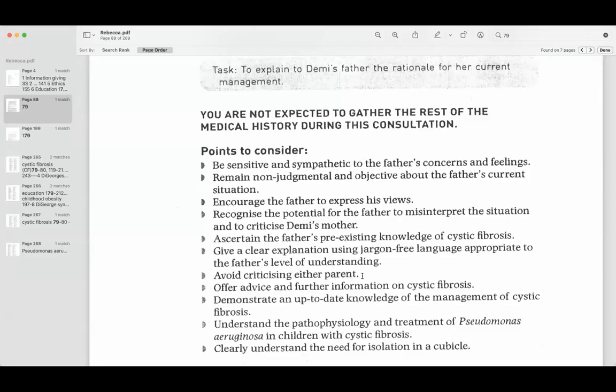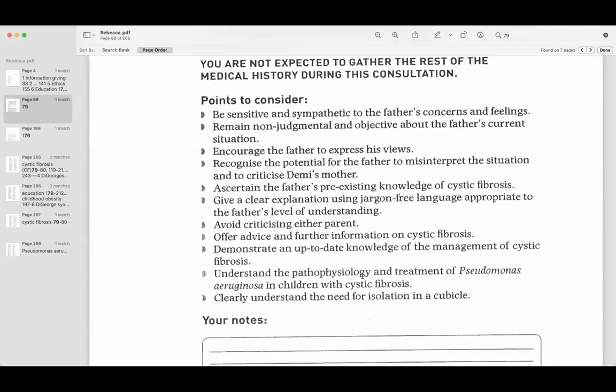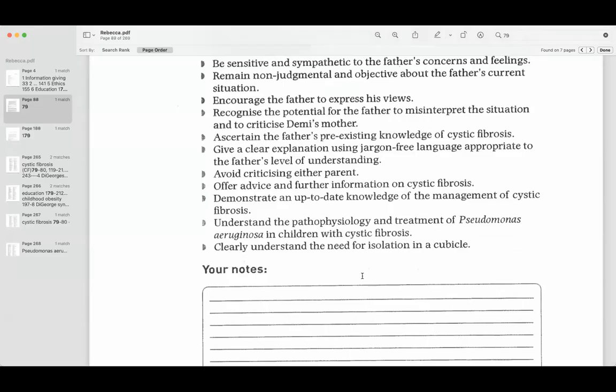Avoid criticizing either parent. Offer advice and further information on cystic fibrosis. Demonstrate up-to-date knowledge of management of cystic fibrosis. Understand the pathophysiology and treatment of Pseudomonas aeruginosa in children with cystic fibrosis. Clearly understand the need for isolation in a cubicle.